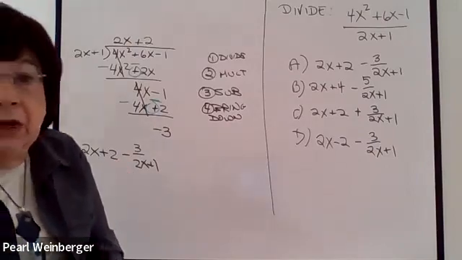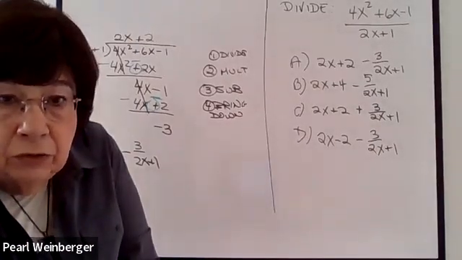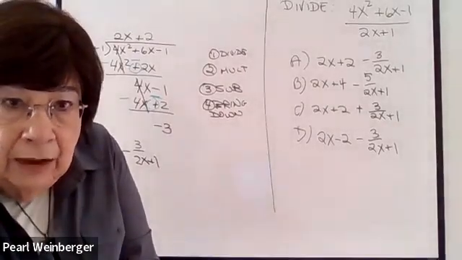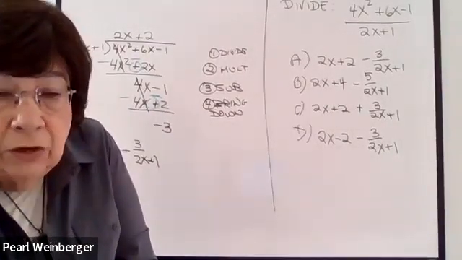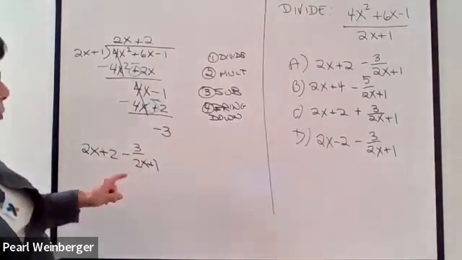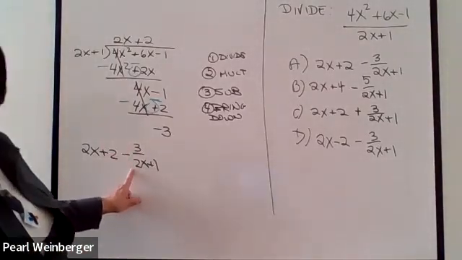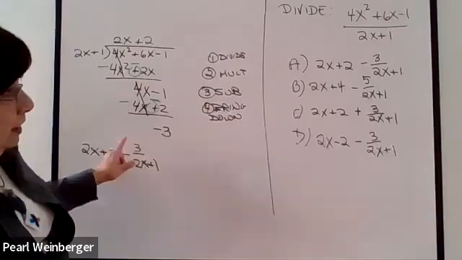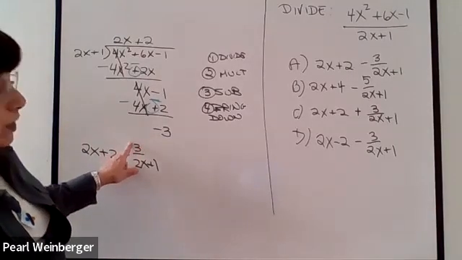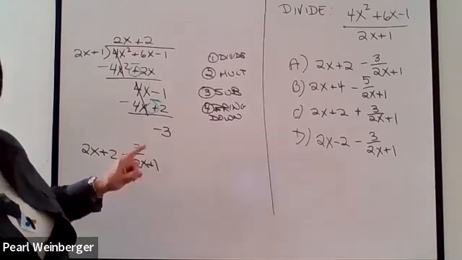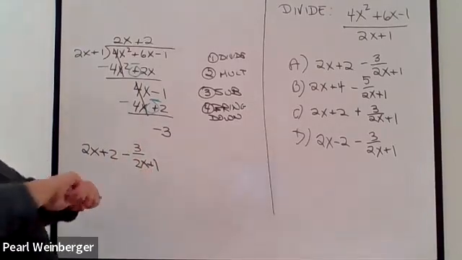Let's say you wanted to put in 3 over 2x plus 1. The 3 is not a problem because it's just a single term.